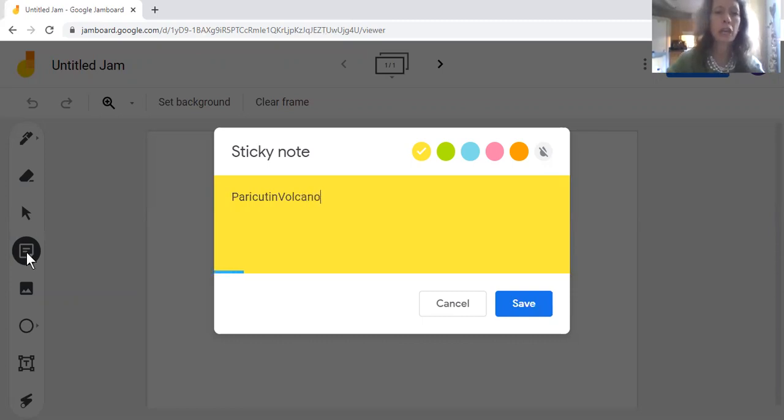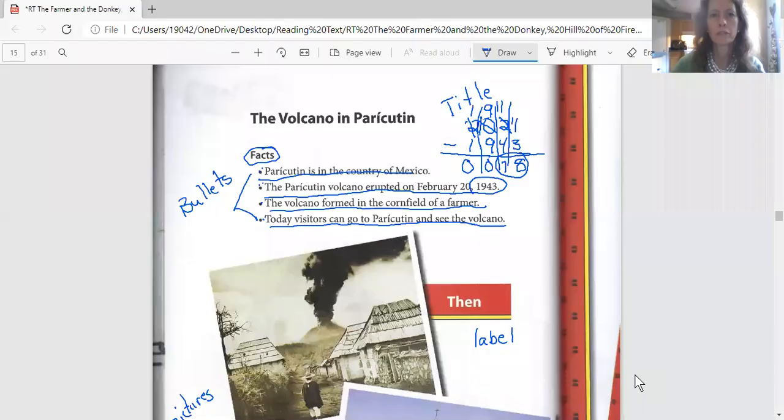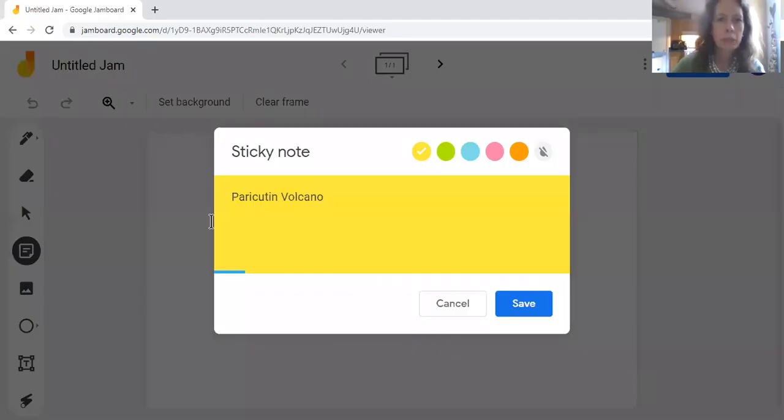Oh, so we're going to get that down, and we're going to check our facts. It's always good to check our facts. We'll come back to the text, and we'll check it. P-A-R-I-C-U-T-I-N. Let's check. Yay, we did it.